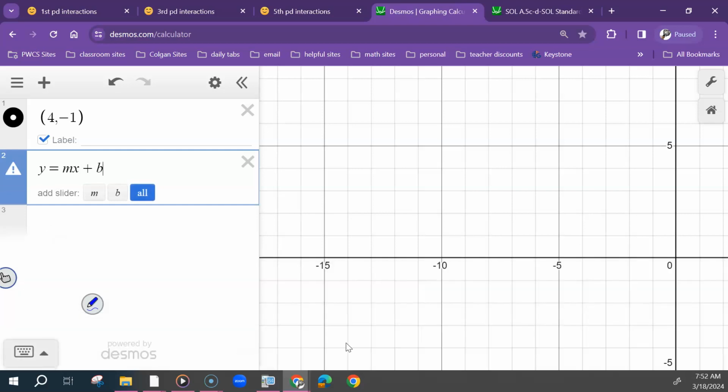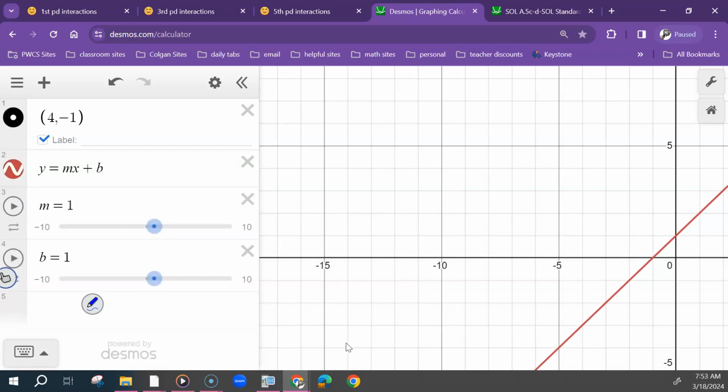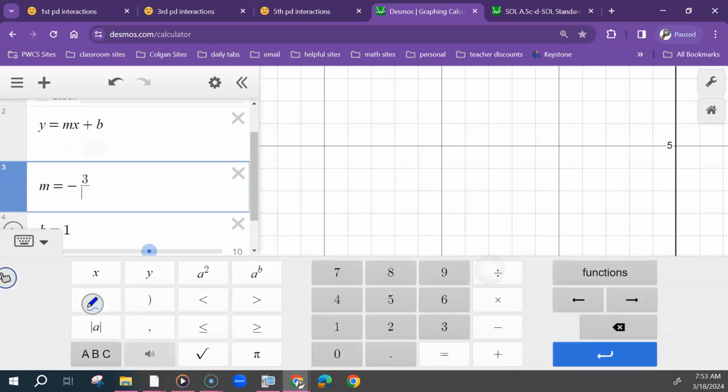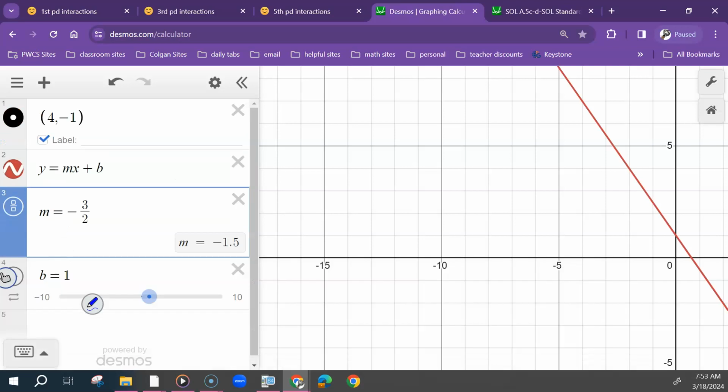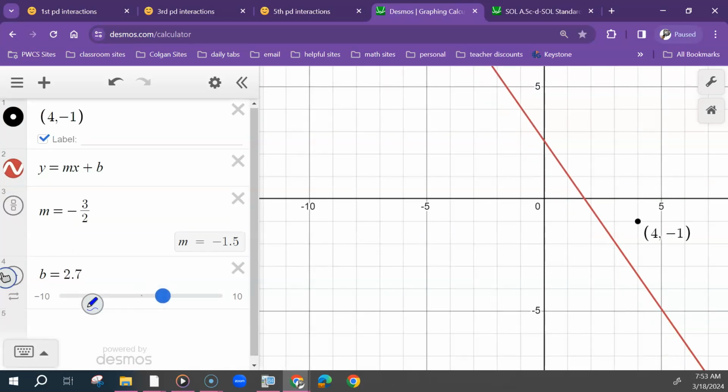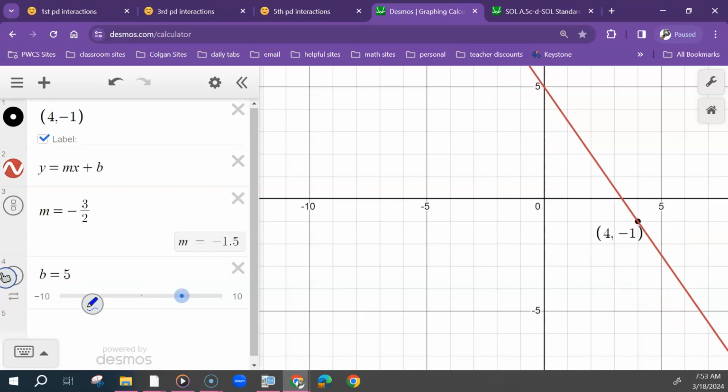Add in all your sliders. Change your m value to negative 3 over 2. And then move your b until it goes through that point. And then you have your y equals mx plus b. Y equals negative 3 over 2 x plus 5.